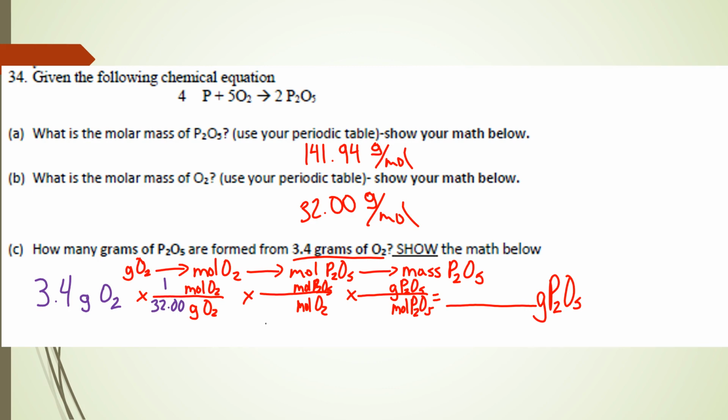What's this fraction going to look like, my mole ratio? 2/5. And then what is this fraction going to look like? All right. So when we solve that, my answer should be in 2 sig figs. So what do we come up with?